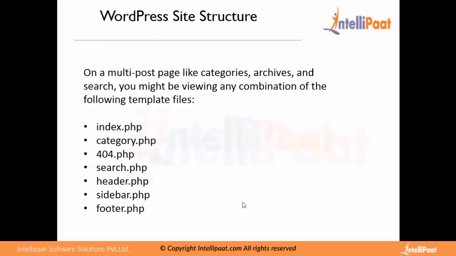On a multi-post page, like a category page or an archive page or a search page, you might get to see other set of files, which also includes the category.php, 404.php, search.php, and sidebar.php, apart from the basic structure.